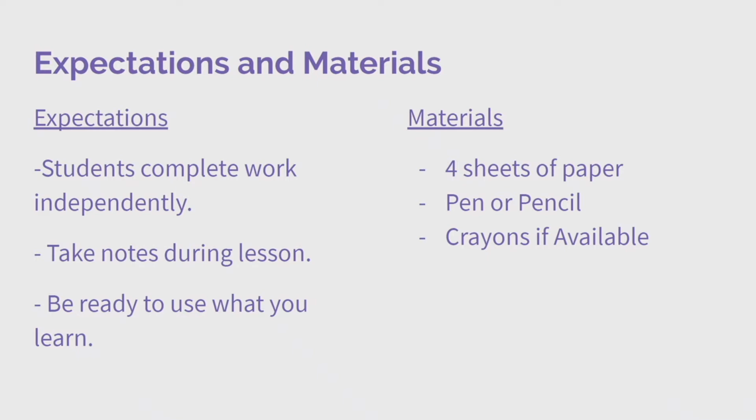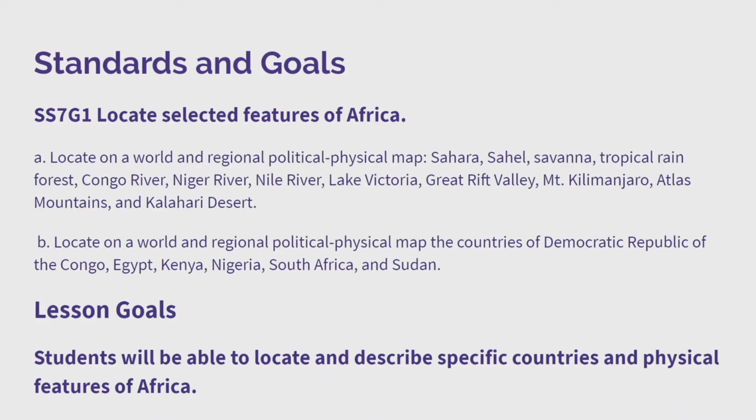All right, moving forward. Our standard for this lesson is locate selected features of Africa. In this case, we were looking for specific physical features such as the Congo River, the Niger River, the Nile River, Lake Victoria, the Great Rift Valley, Mount Kilimanjaro, the Atlas Mountains, the Kalahari, and the tropical rainforest.